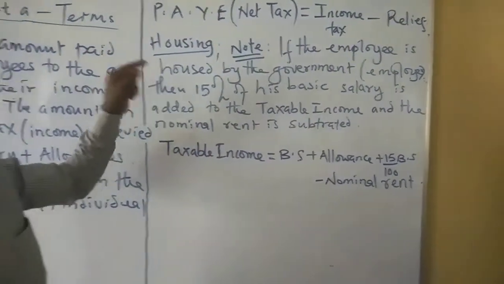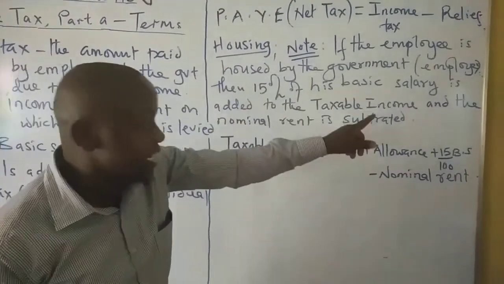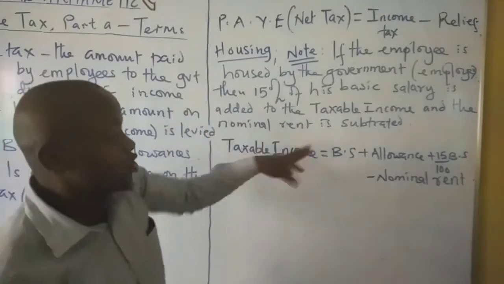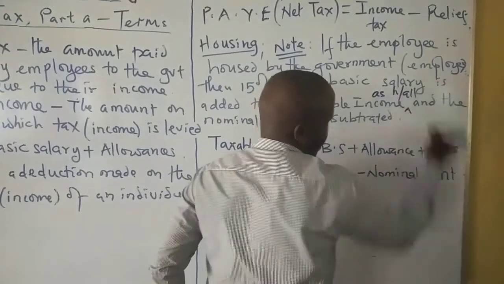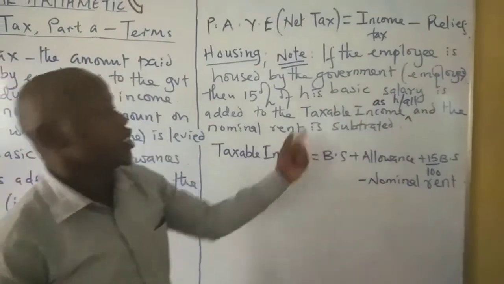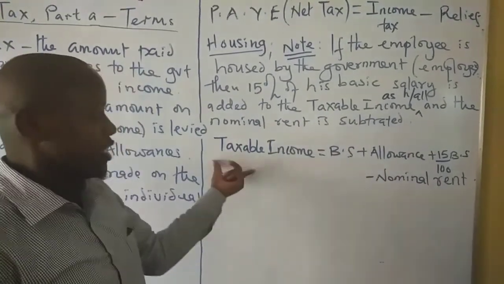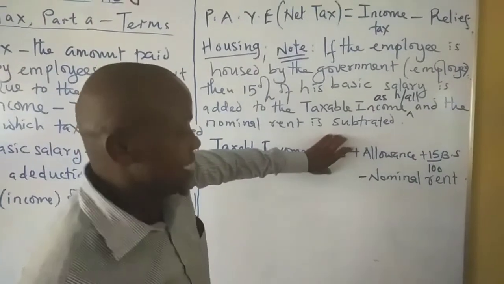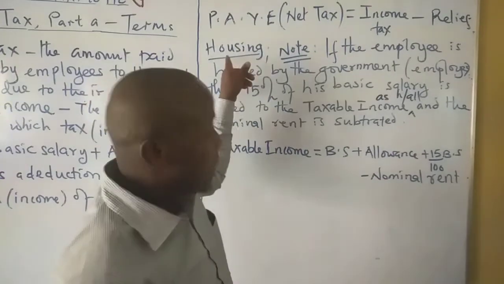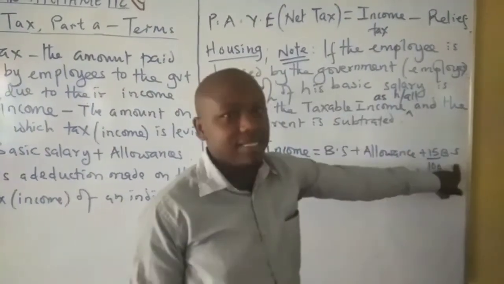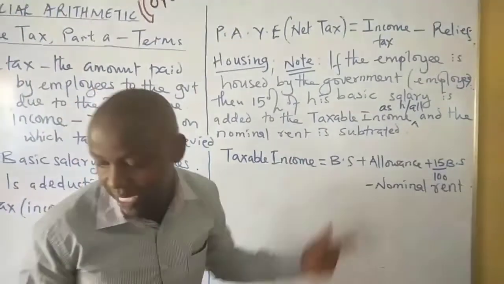Therefore, when someone is housed by the employer, then 15% is added to the taxable income as house allowance for taxation. The nominal rent is subtracted. Therefore, taxable income is equal to basic salary plus all allowances, and the house allowance for that person is 15% of the basic salary, then minus nominal rent if he pays any.